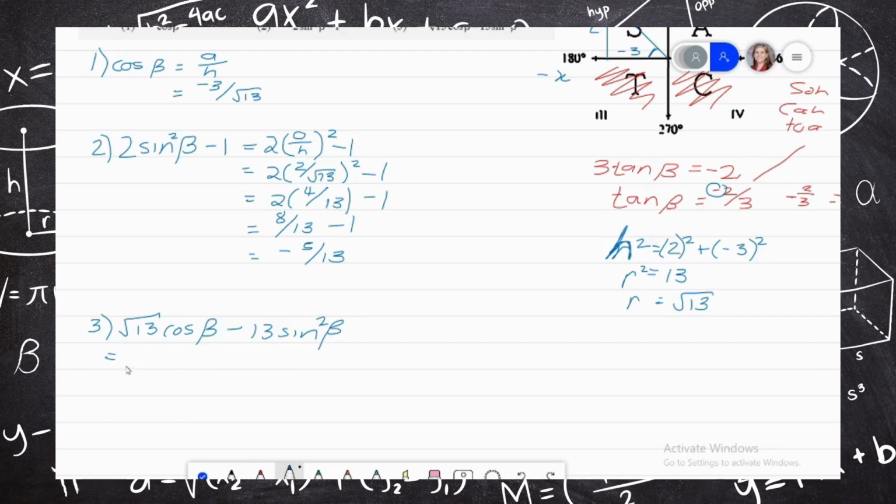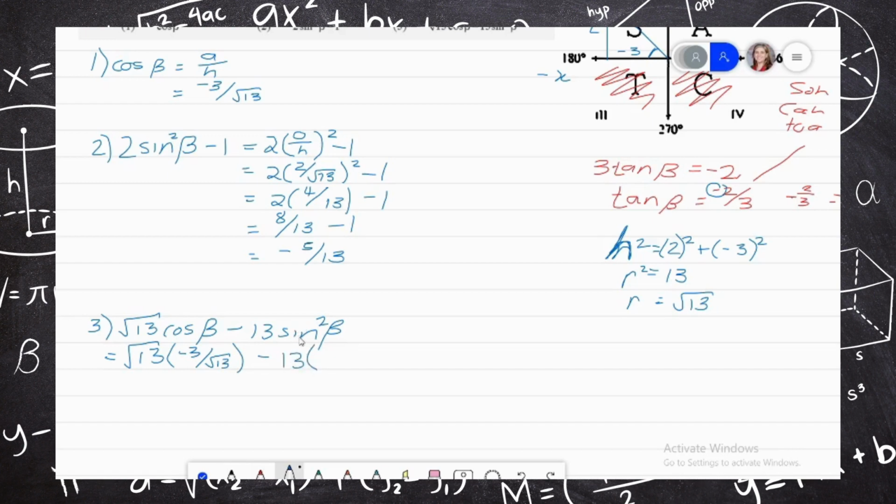That will equal square root of 13, and cos is adjacent over hypotenuse, which means it'll be -3 over square root of 13, minus 13.